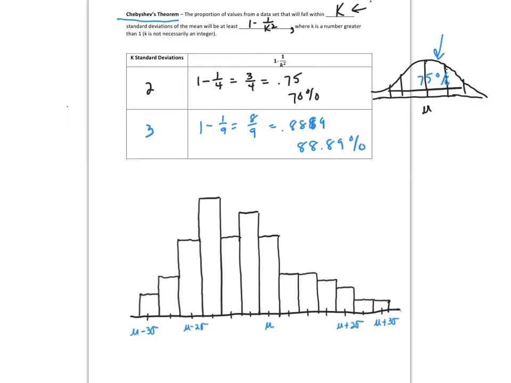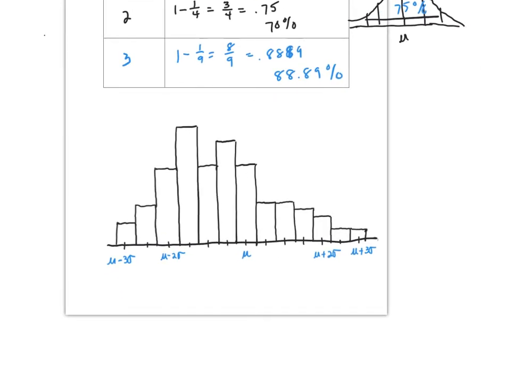So I've drawn a diagram here, and this is not mound-shaped. It's not normal data. But what I can say here, within 2 standard deviations, so from here to here, and from here to here, I can expect to have at least 75% of my data points.